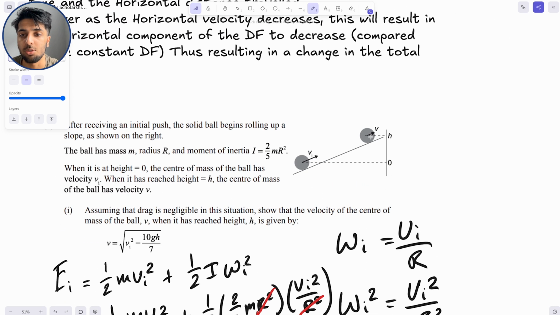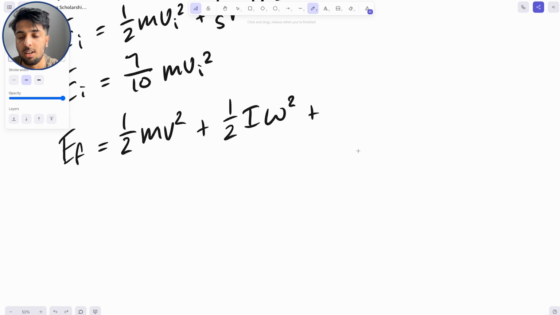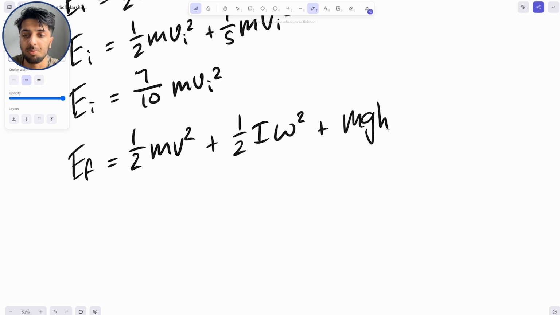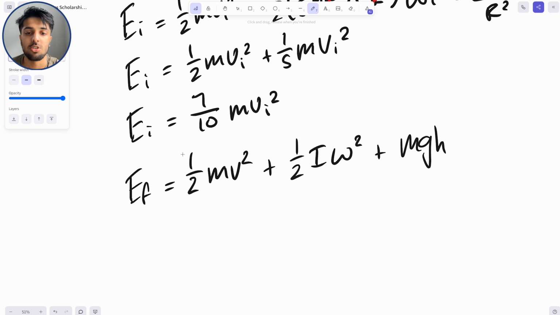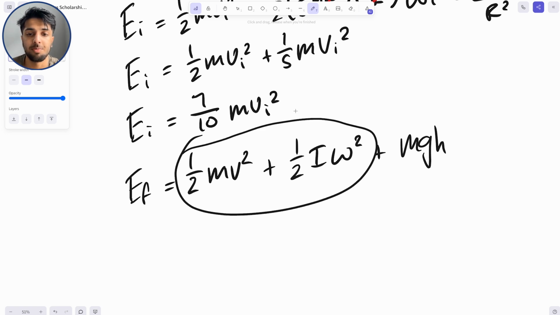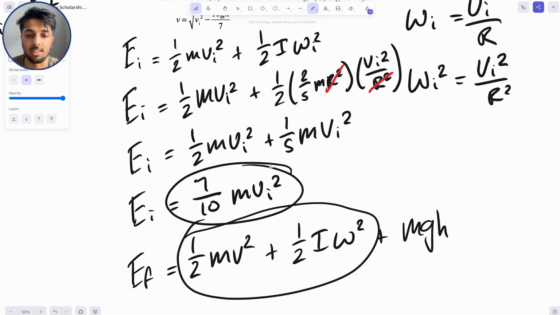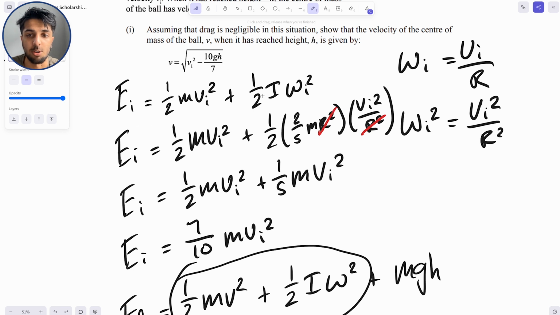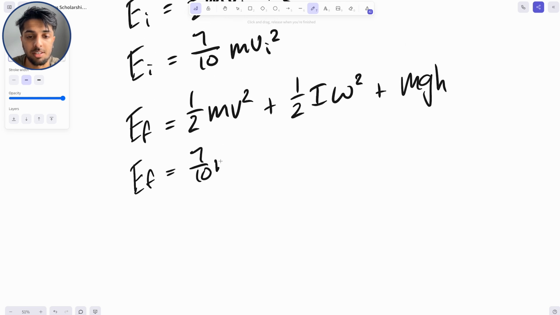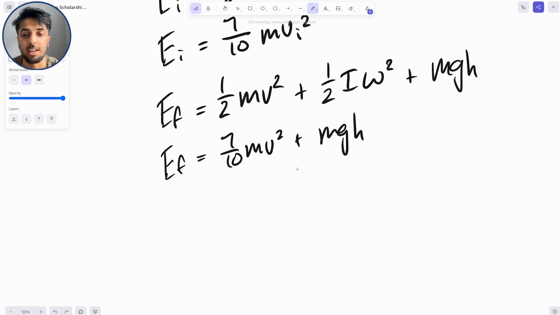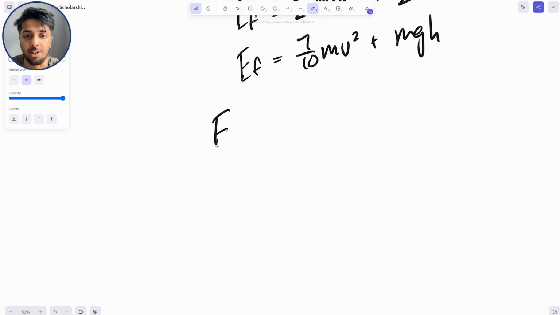And then also, because now we're at the top of the slope, we have some gravitational potential energy. So we have our mgh. We know that this section here is just equal to this, because that is what we had over here. And so we can rewrite this as Ef is equal to 7 over 10 mv squared plus mgh, and that is our energy finally.